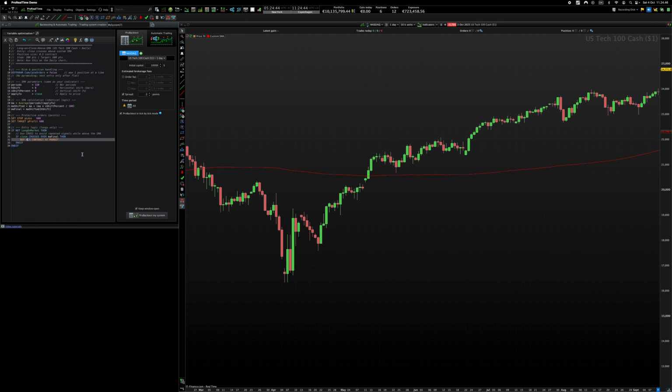By the way, I'm trading here with 0.5. That means that we should technically see a loss in the stats of 300 and not 600 euros. So let's see how that goes, and let's backtest it.